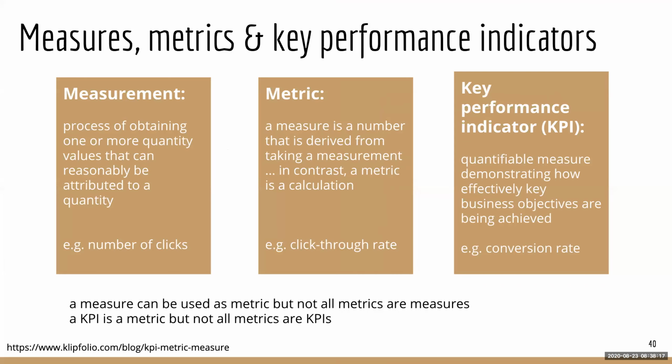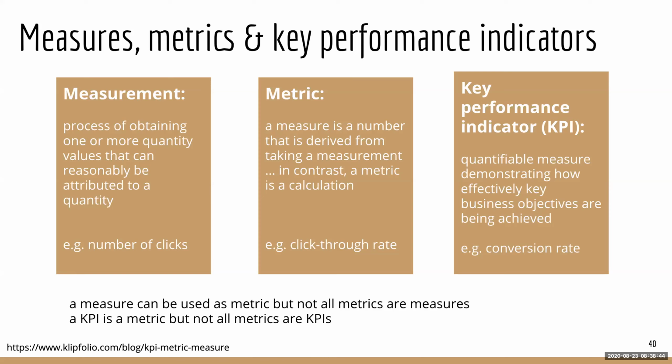Let's start. So measure, metric, and key performance indicator. What is a metric? It's something in the middle. First, there are measurements. A measurement is the process of obtaining one or more quantitative values that can reasonably be attributed to a quantity. Number of clicks is a measure. Time spent is a measure.